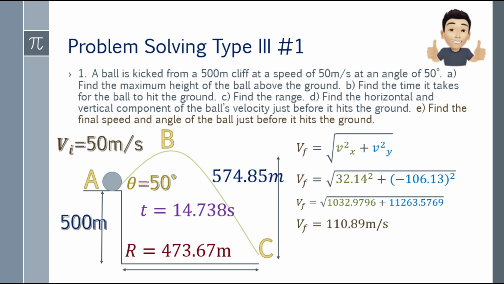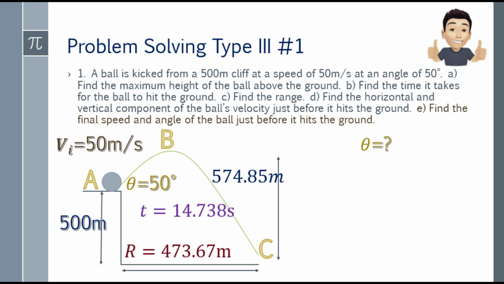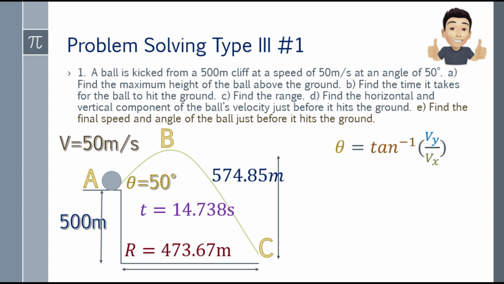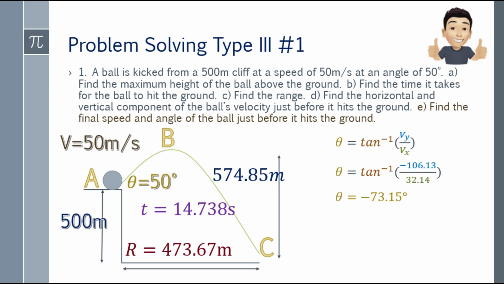But we still have something to find, the angle of the ball just before it hits the ground. For that, angle theta is equal to arctan of Vy over Vx. Your Vy is negative 106.13 meters per second over 32.14.